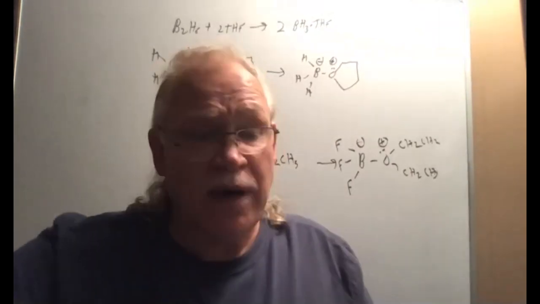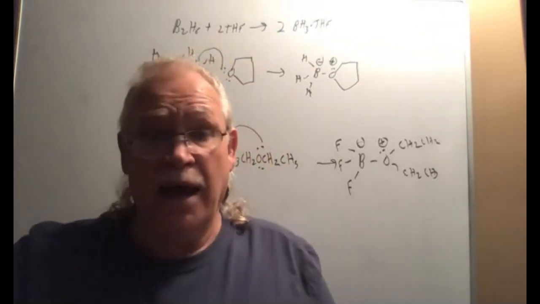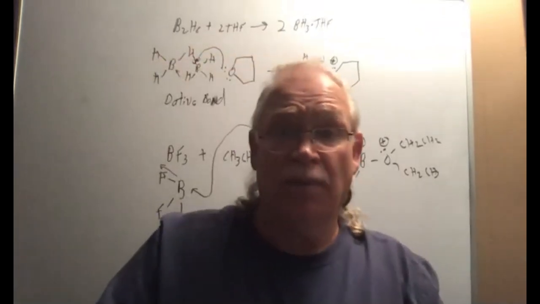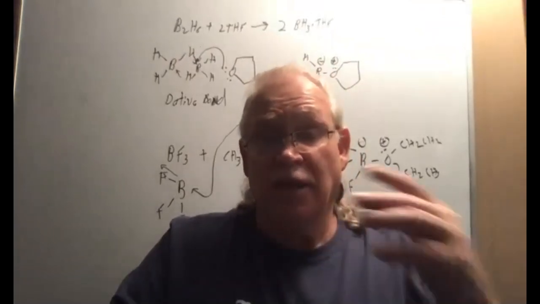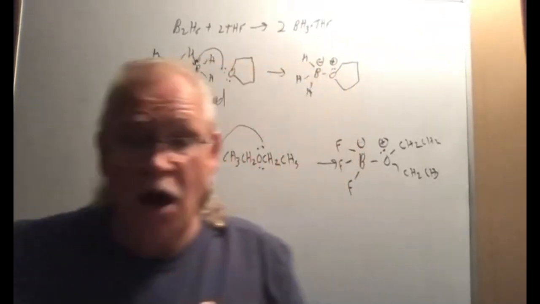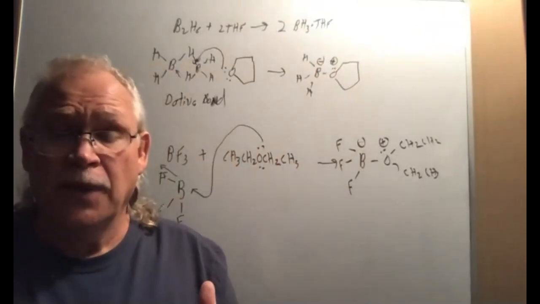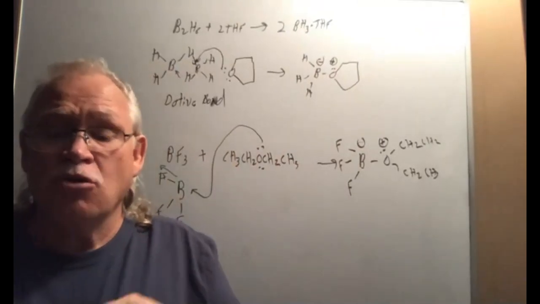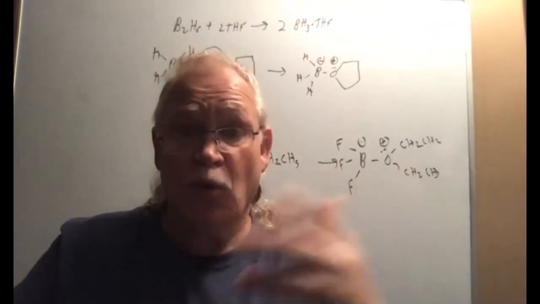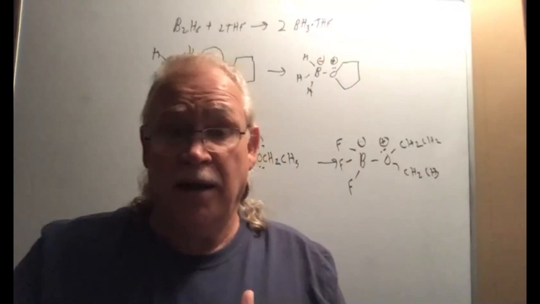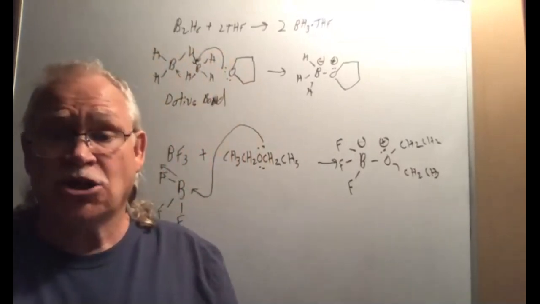Whenever you're looking at reaction rates in organic chemistry, if the reaction occurs via the donation of a lone pair, anything that makes those lone pairs more susceptible to being donated increases the rate of reaction.